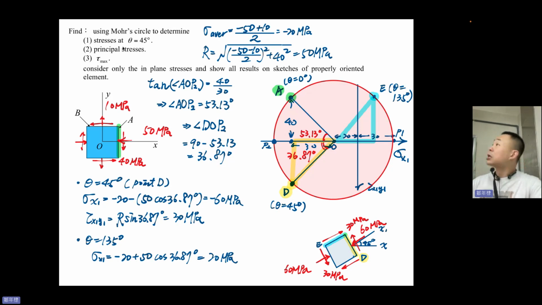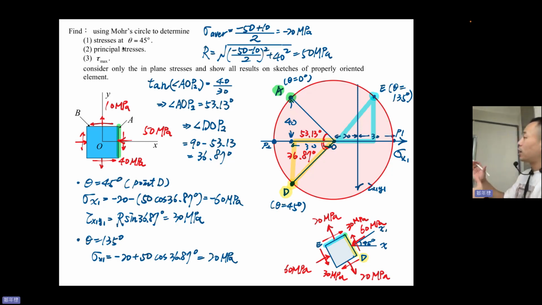Okay, 20 MPa is positive. So it is positive 20 MPa. Okay, done the first bit, right?